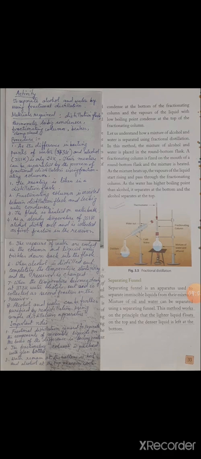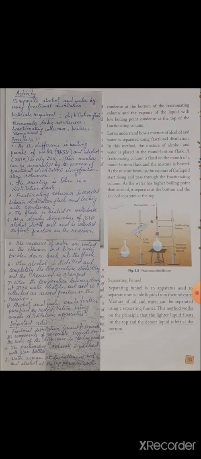Now we will discuss the activity here to separate alcohol and water by using fractional distillation. You can see the figure, and the materials required are distillation flask, thermometer, Liebig condenser, fractionating column, beaker, clamp stand.